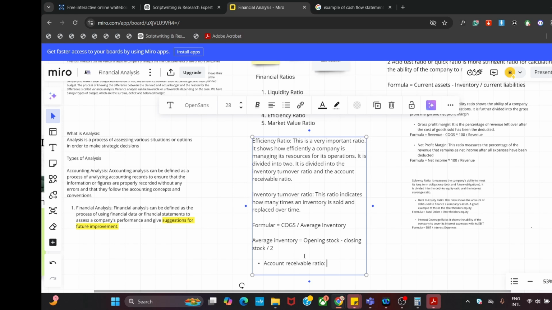Now, as the name implies, this ratio shows the ability of the company to collect payments, or to retrieve money from its debtors. That's the simplest explanation. It is a ratio that measures how efficiently a company collects payments from its customers, maybe from its debtors, or how efficiently a company collects money when a customer buys their goods. So let's just go ahead and take a note.